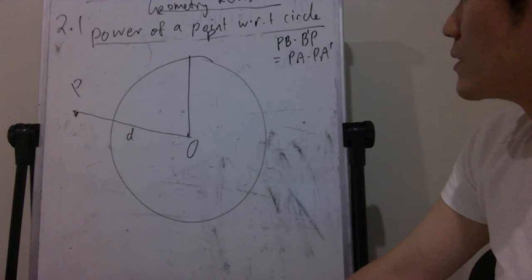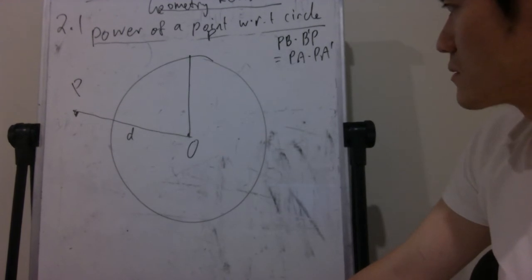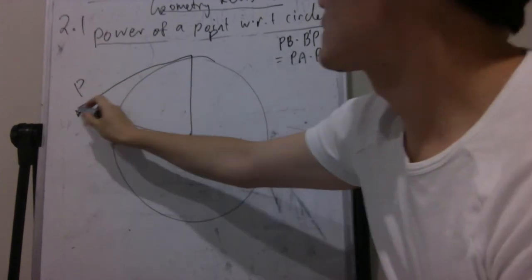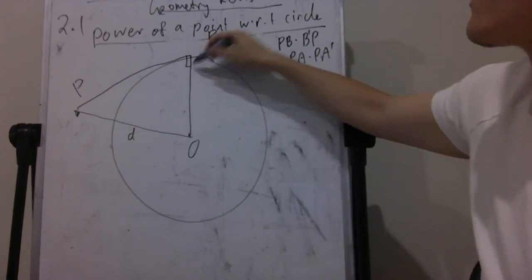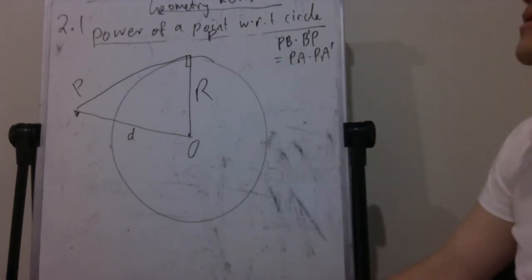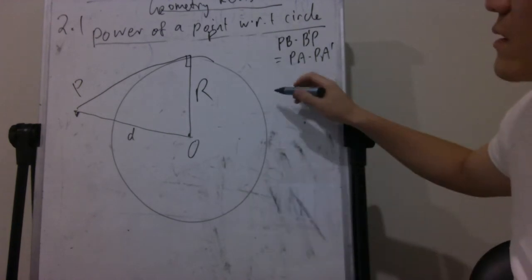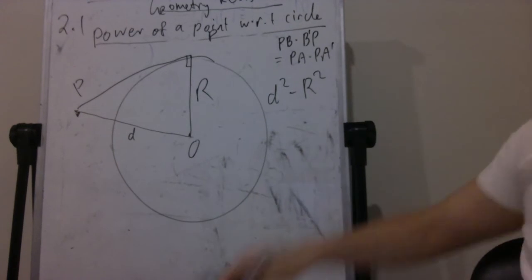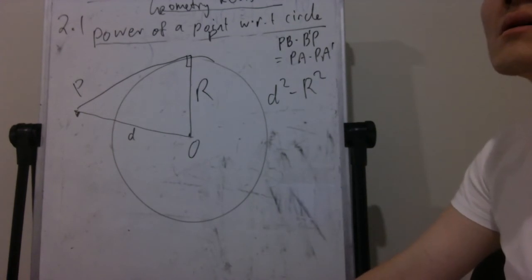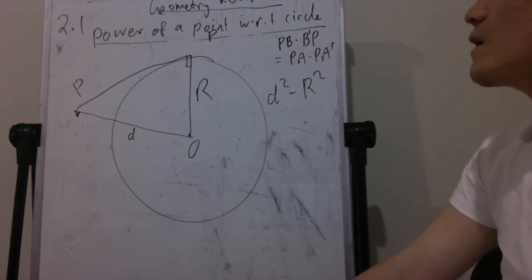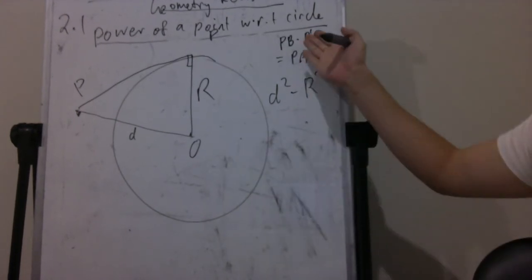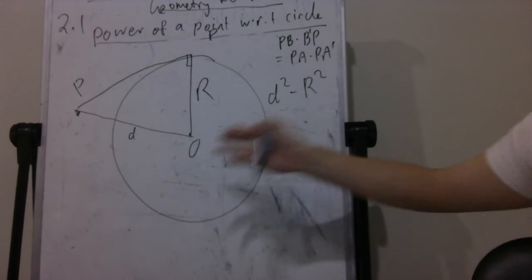D squared minus R squared. So that's a tangent, and this is the radius. So they define the power of a point to be D squared minus R squared. But the point is it's meant to be equal to all these other things as well.